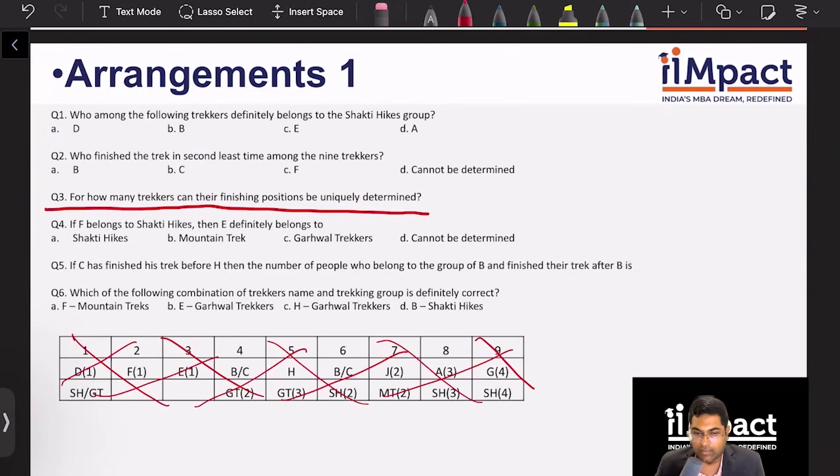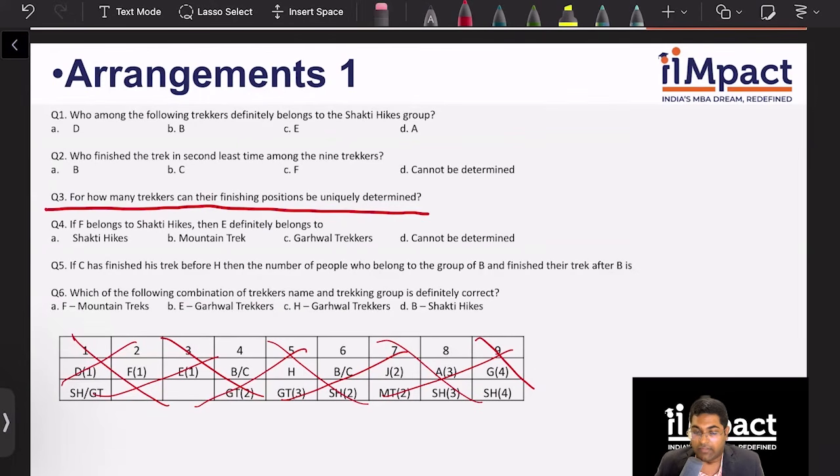Now, guys, if from 9, only 2 or 3 people's positions and groups could have been identified, would there be 4 questions with proper completeness? Question number 1 and 2 are sort of complete. 3 is a theta question, so definitely complete. And 6 is a complete question. No, right?